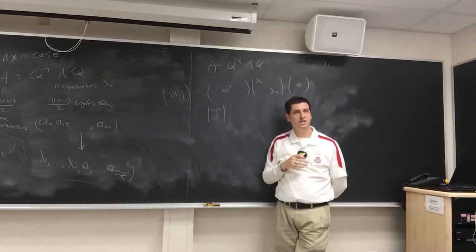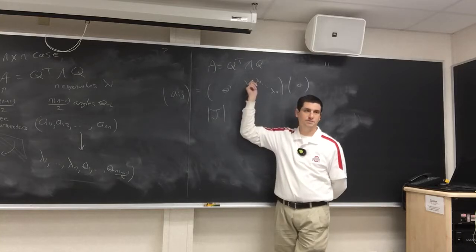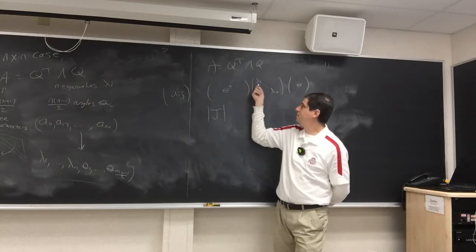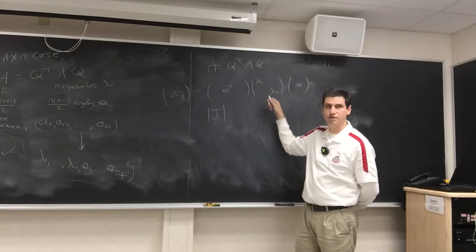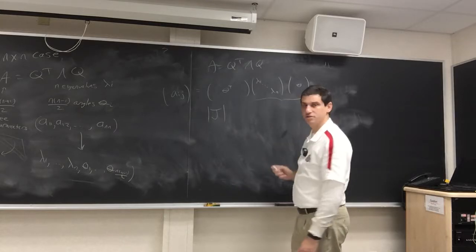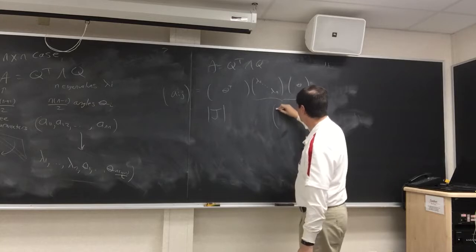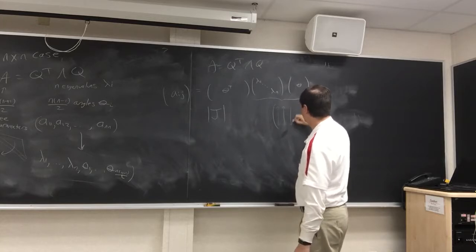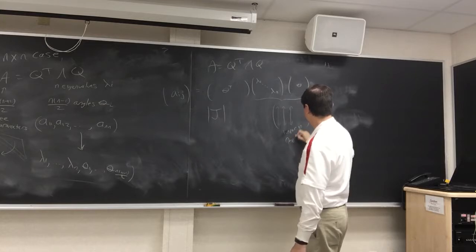Will I have anything else, any other lambdas coming into that first entry? To get the one over here, I'll have a lambda 2. To get the one over here, I'll get a lambda 3. So when I multiply these two matrices, each one of these is linear in the eigenvalues.